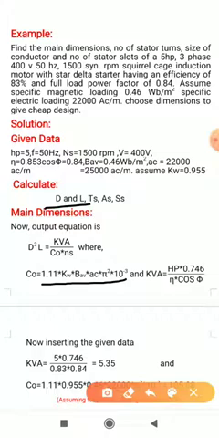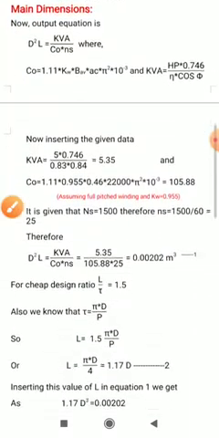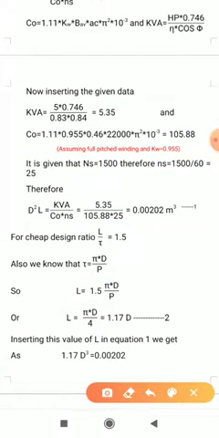If the rating of the machine is given in HP, the expression of kVA is HP into 0.746 divided by efficiency into cos phi. So first, using these two equations, we will calculate the kVA. The kVA is 5, that is HP, into 0.746 divided by efficiency 0.83 into power factor 0.84. So the kVA becomes 5.35.